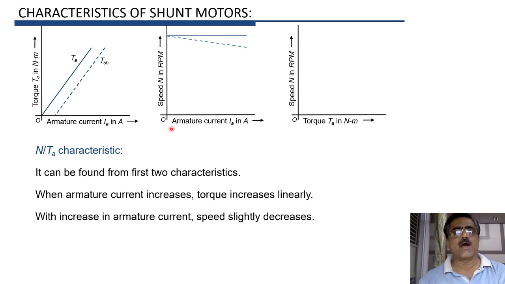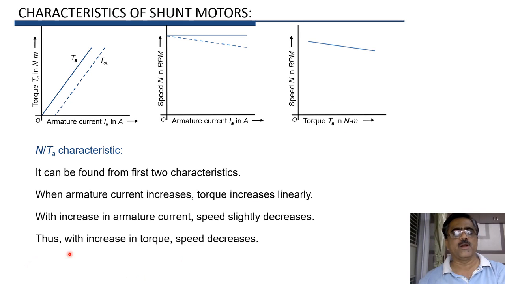When armature current increases, speed of the motor N slightly decreases, and therefore with increase in torque there is a slight decrease in N. So the characteristic between speed and torque can be plotted. With increase in torque, there is decrease in speed. So this is the speed torque characteristic of DC shunt motor.